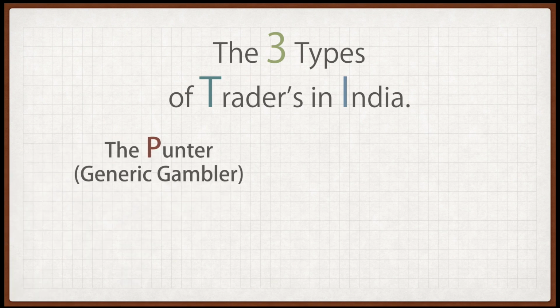Let's talk about the first one, the punter or the generic gambler. These are the type of people who invest in stocks based on information they gathered from their friends, their relatives, their colleagues, and just blindly invest in stocks hoping that the stock will give a good return in a period of time.